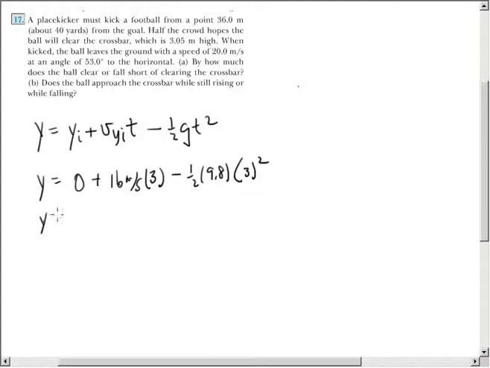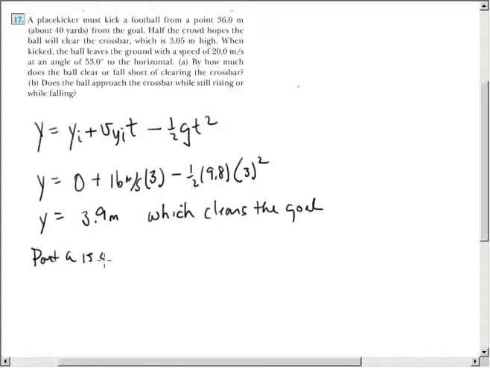That comes out to y equal to 3.9 meters, which clears the goal. So we now have that part A is solved.